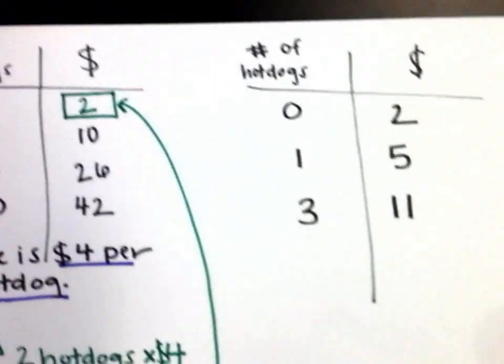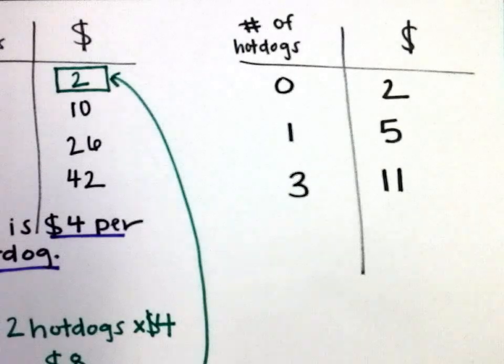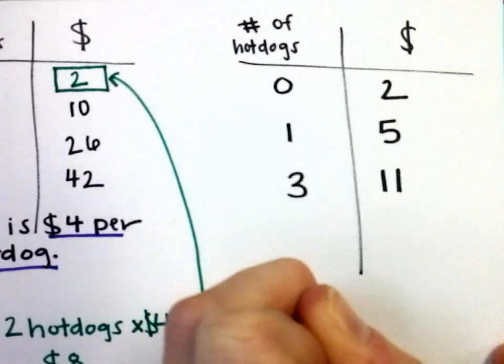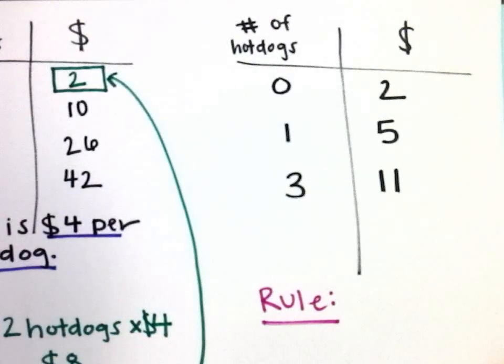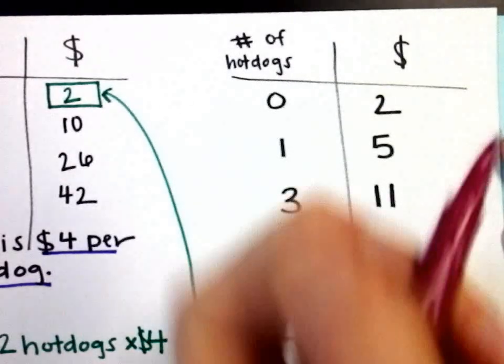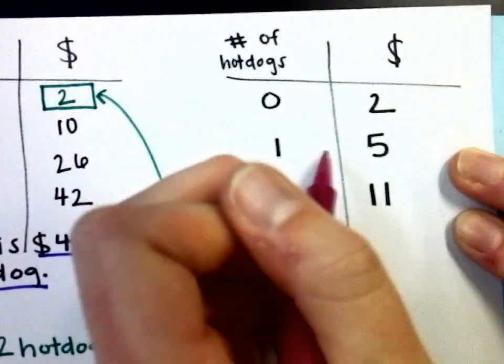Then on this one, I'm looking for the rule. So for my rule, I need both my rate and my initial value. So to find my rule, I need my rate, which I don't have here, so we'll have to calculate it really quick. Again, I can pick any points that I have both values for, which I have all 3 for here. So I'm going to just pick my first 2.